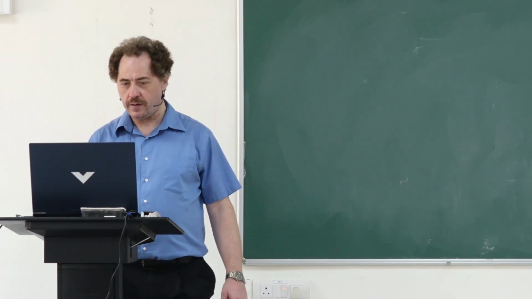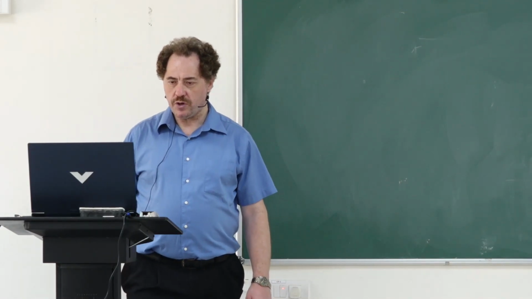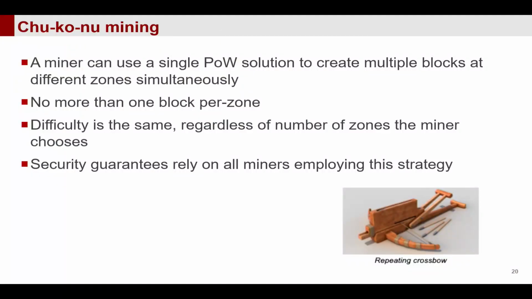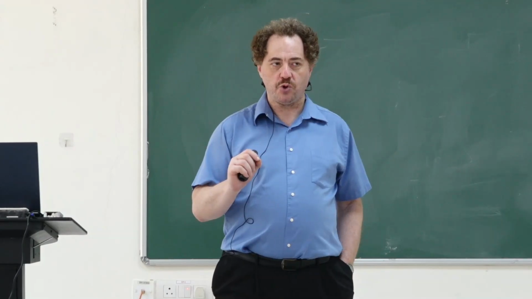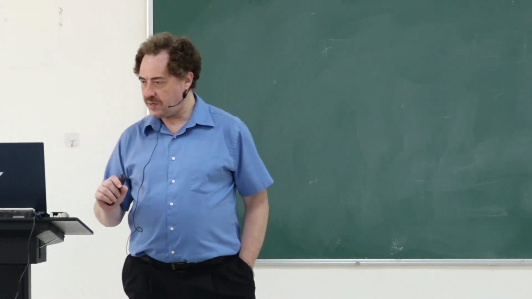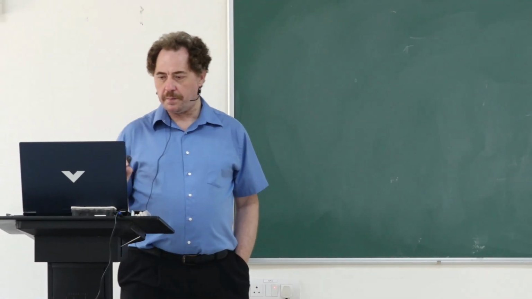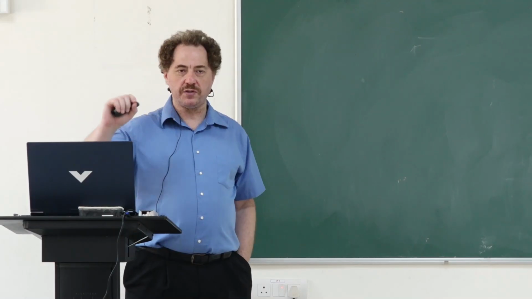Chu-ko-nu mining. In Chu-ko-nu mining, a miner can use a single PoW solution to create multiple blocks at different zones simultaneously. That's an interesting concept. First of all, the idea is to allow the same miner to create multiple blocks in different zones.